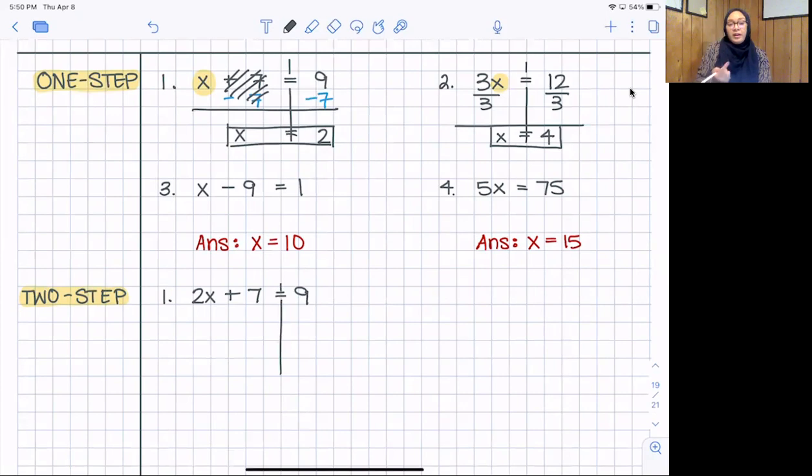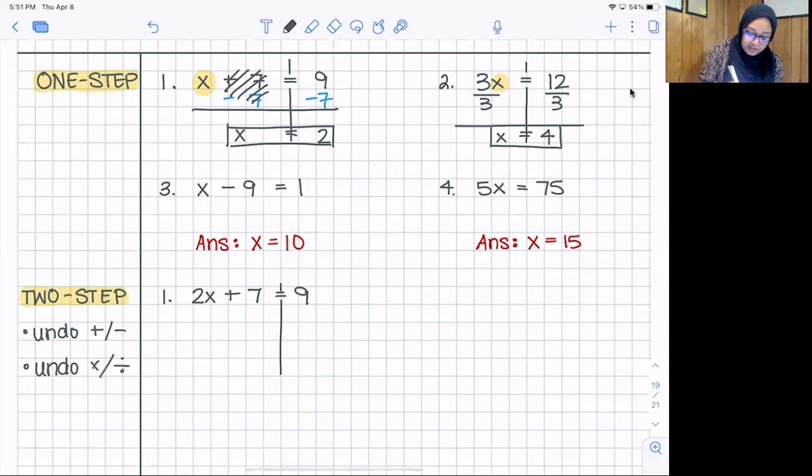And what we do here is, and I might write this out on the side, we always undo the addition or the subtraction first, and then we undo the multiplication or the division second, okay? So if I look here, my variable is right here, and there's two numbers that are with it, right? My variable can't quarantine. There's two numbers with it. We got to get rid of them.